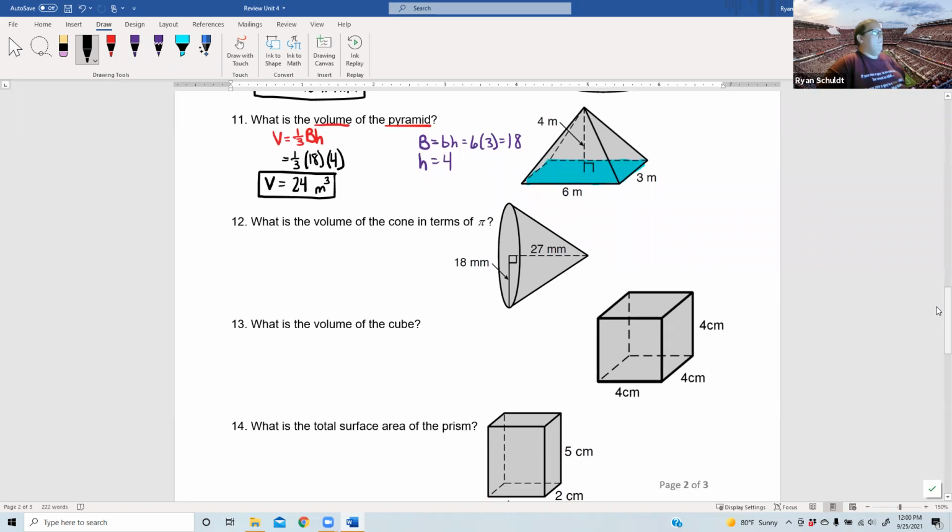Okay, number 12, what's the volume of the cone in terms of pi?